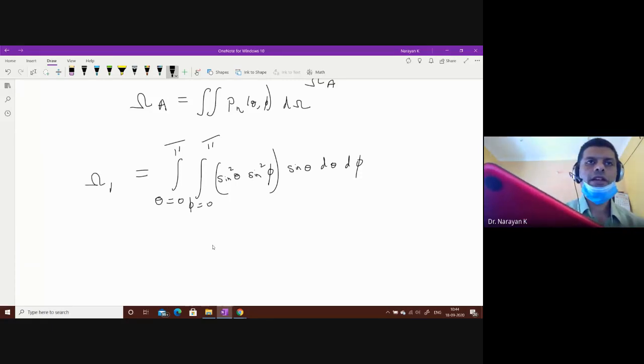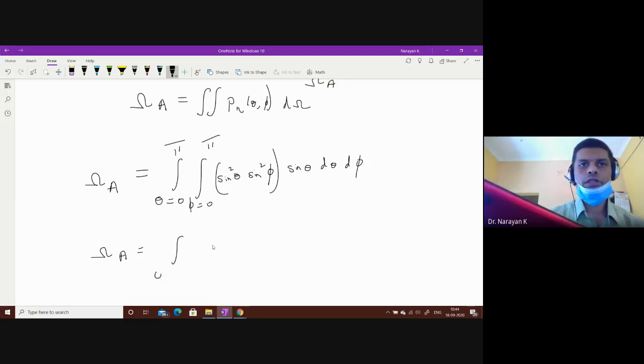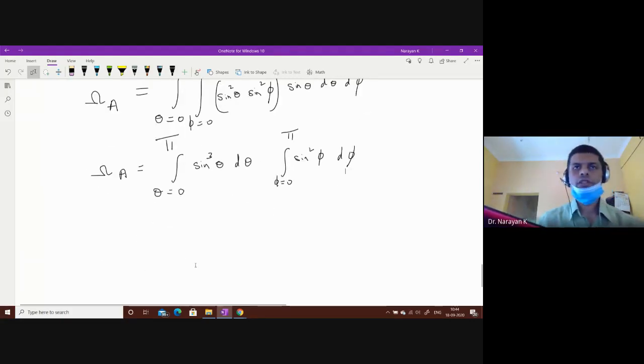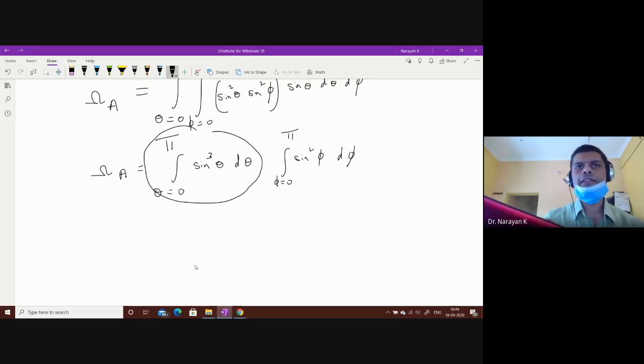So this is your beam area, omega A, which is equal to the integral of sine cube theta d theta from 0 to pi, times the integral of sine square phi d phi from 0 to pi. Remember, the integral of sine cube theta d theta from 0 to pi equals 4 by 3.